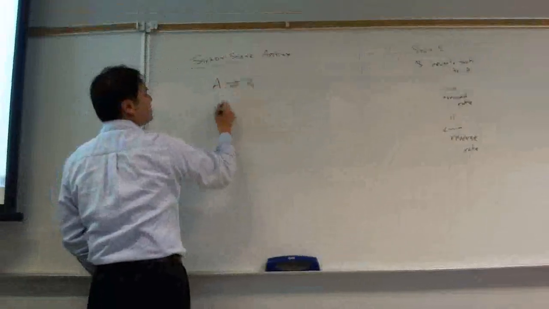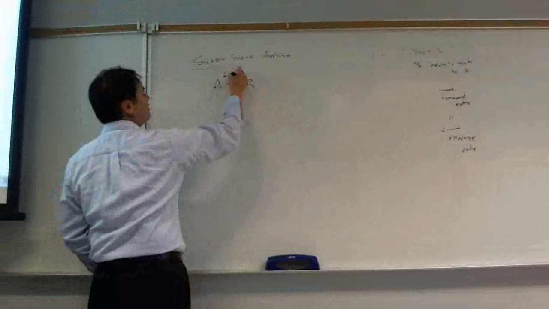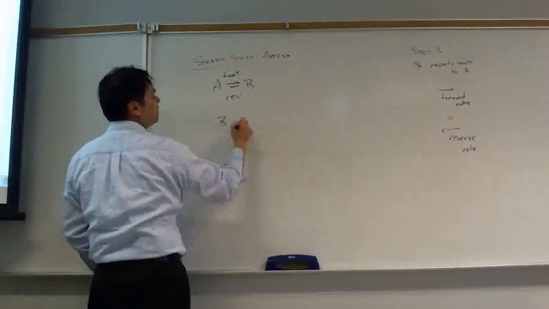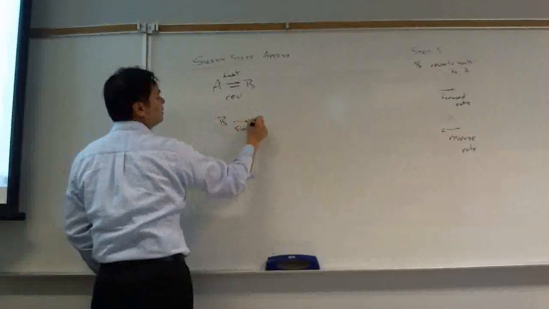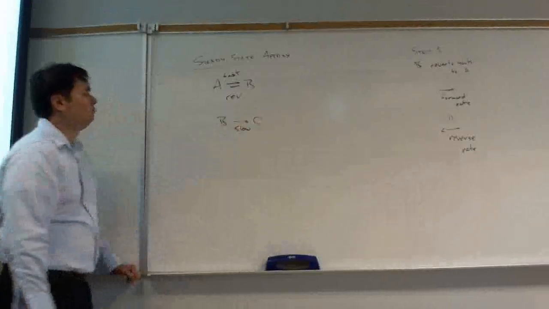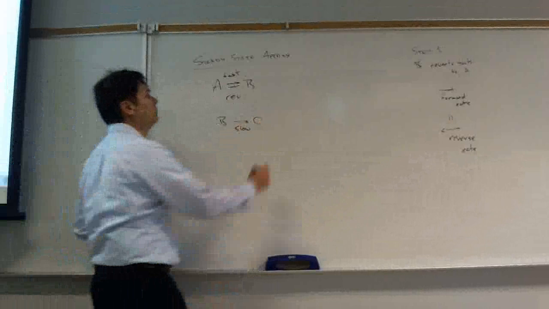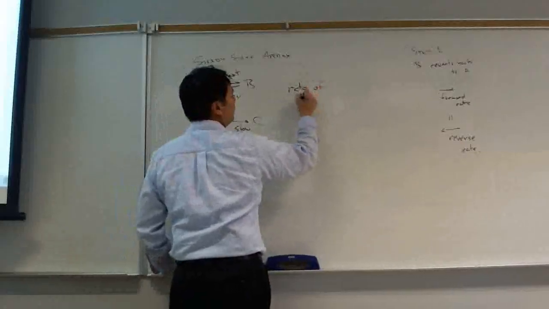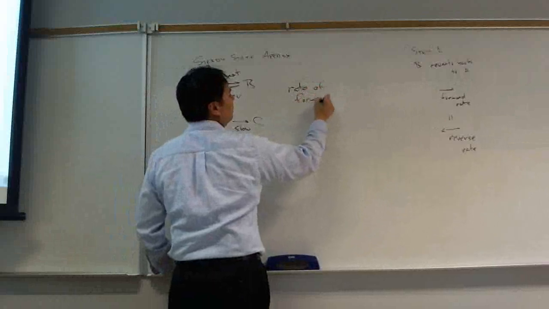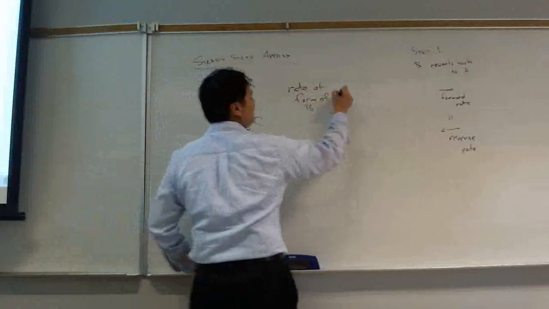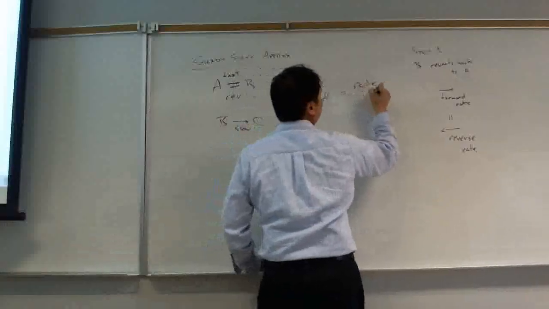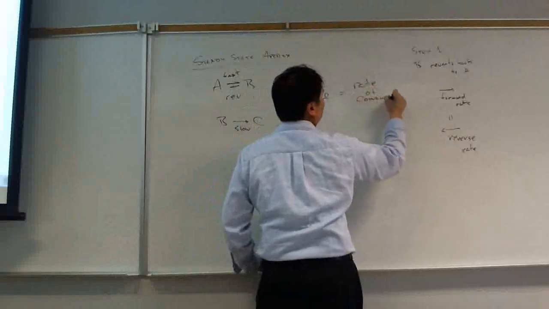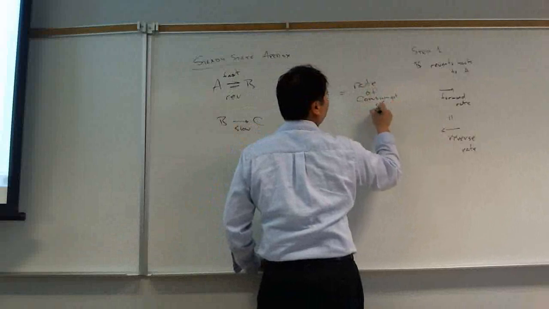The first step is fast and reversible. The second step is slow, the RDS, to C. Here, what we say is that the rate of formation of B is equal to the rate of consumption of B.